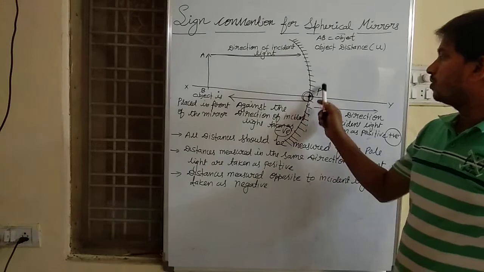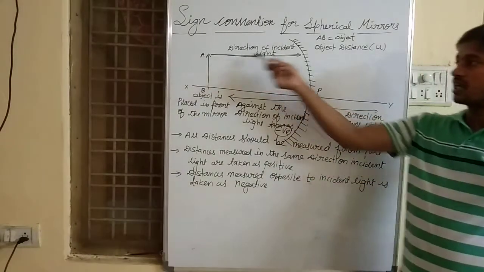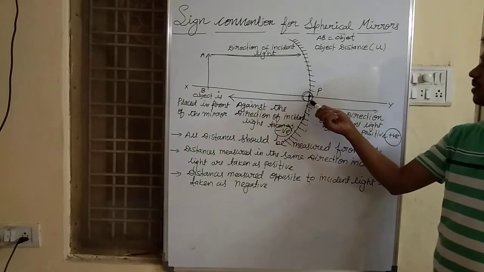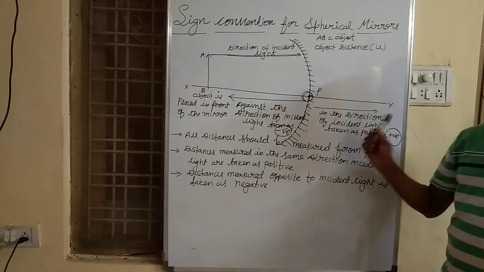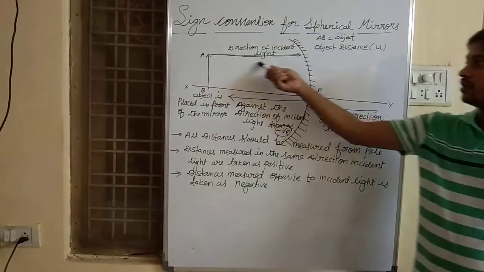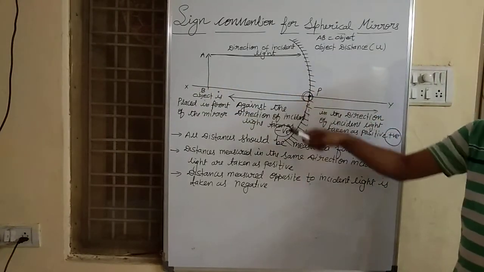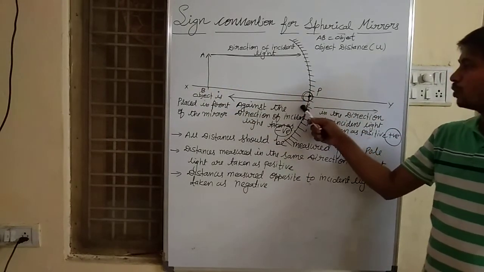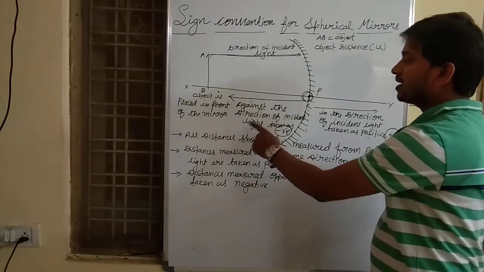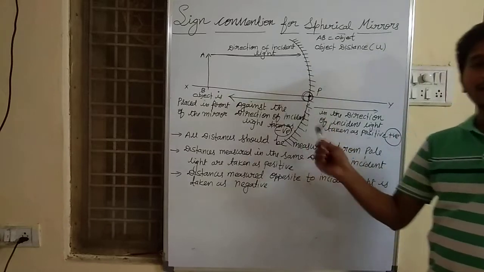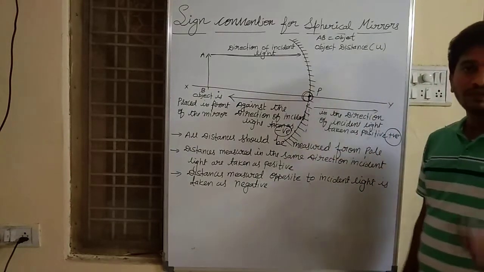The pole plays the main key role. Incident light is coming from left to right. If we measure from the pole to this side, it will be positive. But if we measure the distance from right to left, against the direction of incident light, the distance is taken as negative. This is my third point.